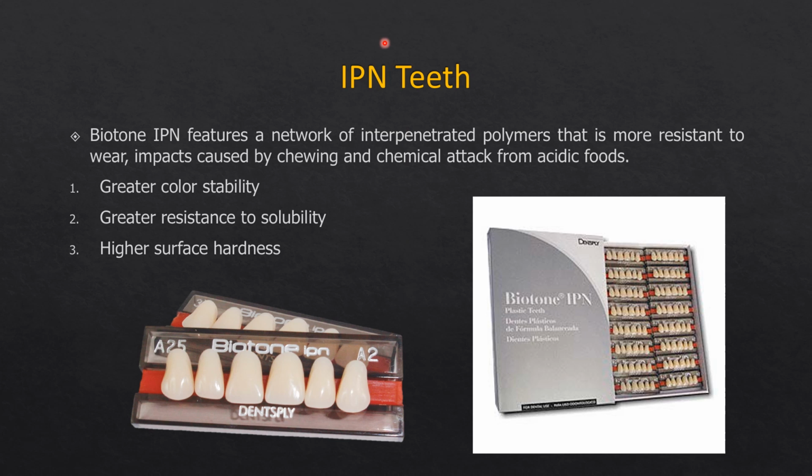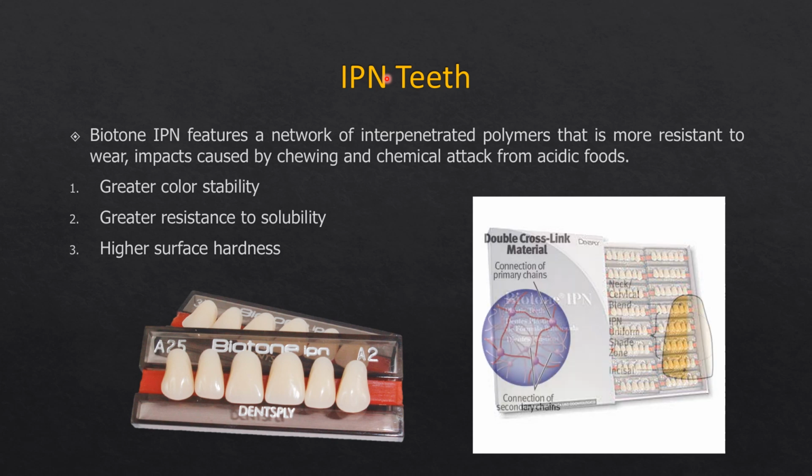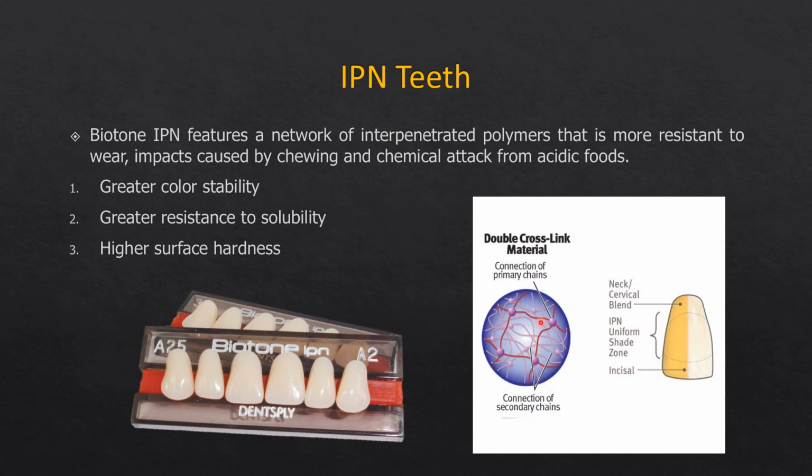Because they have two polymer networks entangled within each other, they have greater resistance to fracture and greater hardness. And this is the typical IPN network. One network is encompassed within the other network. So these are manufactured by Dentsply, and they are known as IPN.